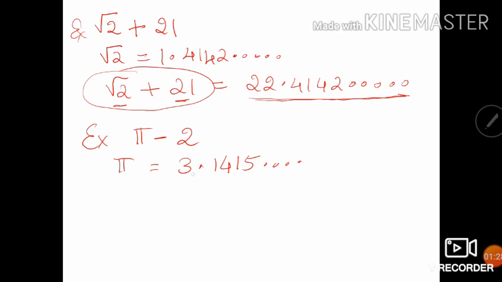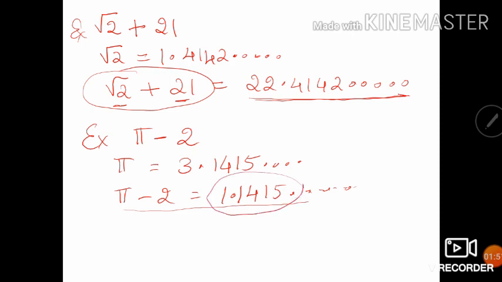So when we subtract 2 from this number, the result will be 1.1415 ... which means the difference is an irrational number because it is non-terminating, non-recurring.